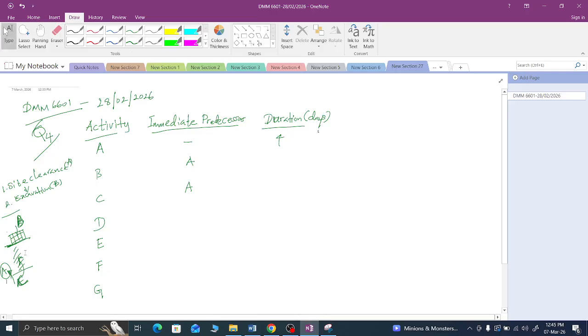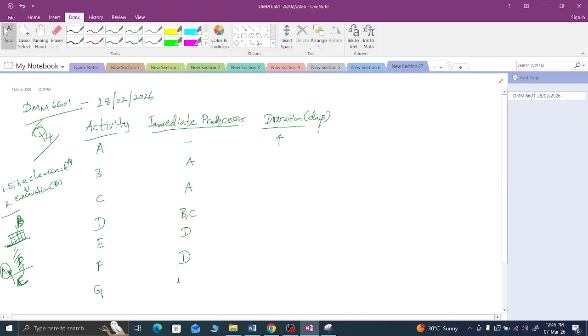Like that, there are activities A, then B and C. After completion of B and C, activity D will start. After completion of D, activity E will start, and likewise activity F will start.